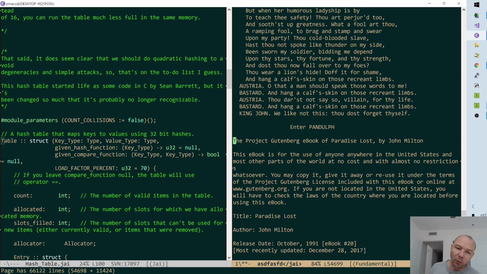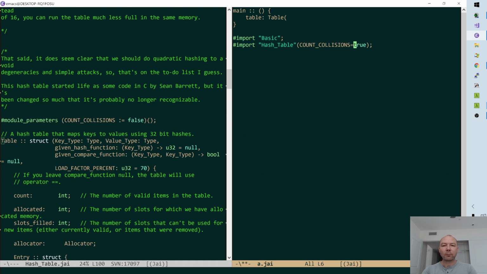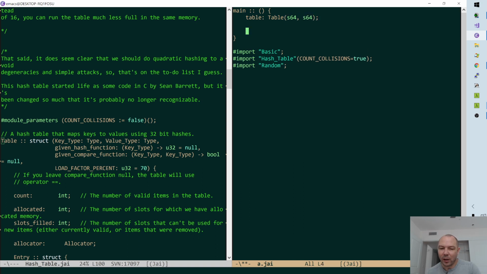You know what? We're going to start with integers. We're just going to store them as the key and the value. It's going to be awesome. All right.